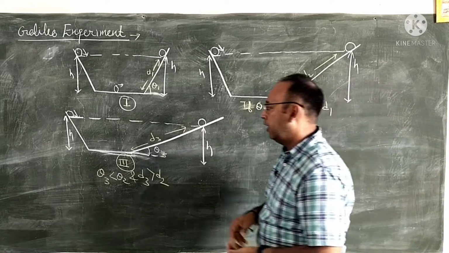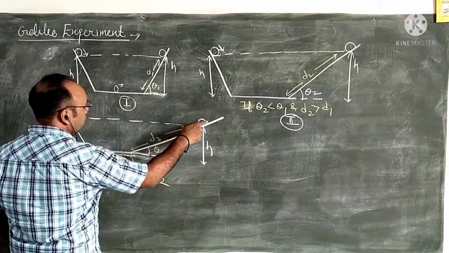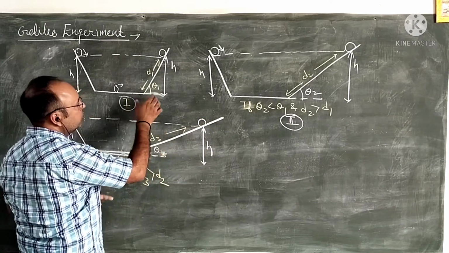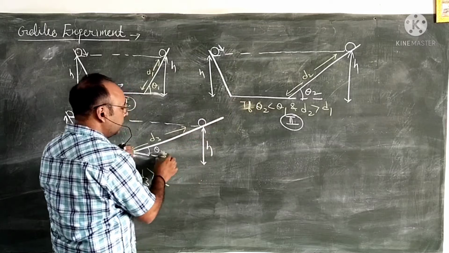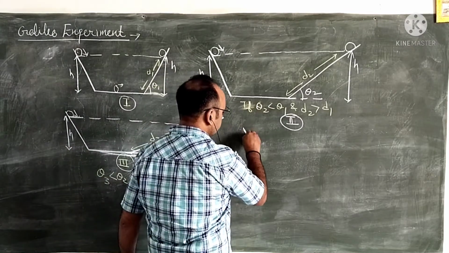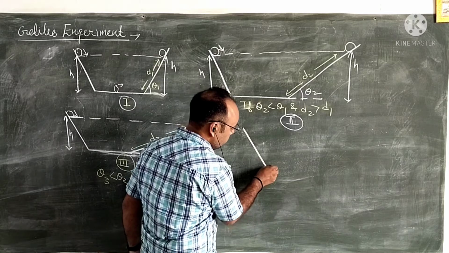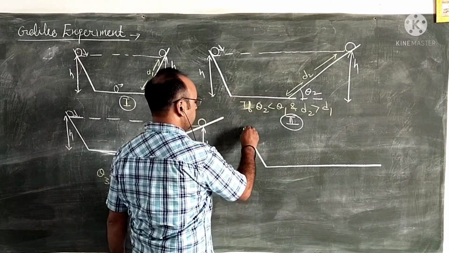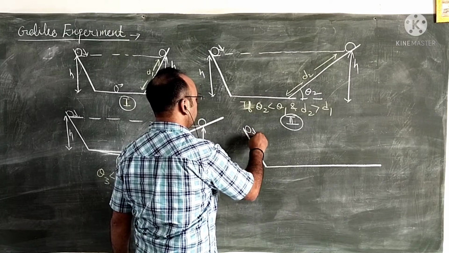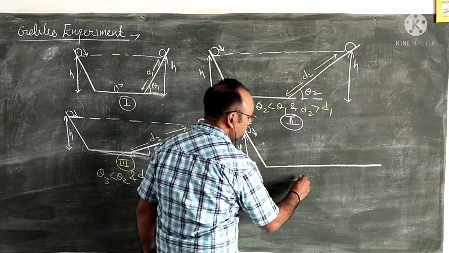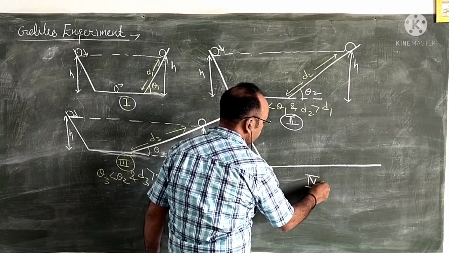So finally he said, if I take this slanting angle down to 0, instead of theta 3, suppose this is 75, 65, 45, and keeps on decreasing, then finally the slanting surface becomes flat like this and the ball is released from height h again. This is case number 4.